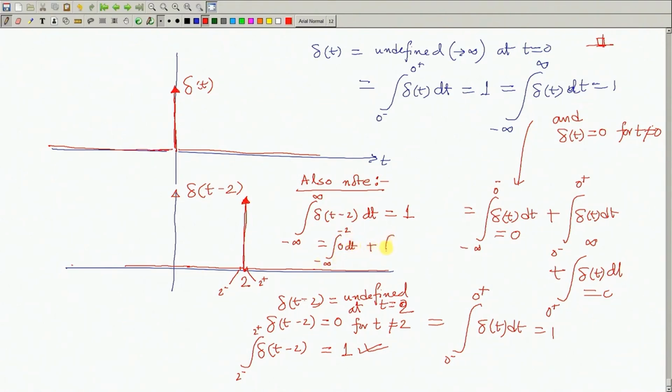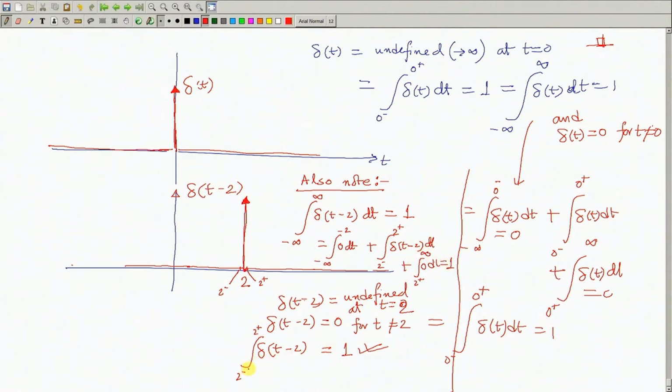Then you will write from 2 minus, there is a number very close to 2 but less than 2, to 2 plus, delta(t minus 2) dt, and finally from 2 plus to infinity, the value of the function is 0. But the integral from 2 minus to 2 plus of delta(t minus 2) dt is equal to 1. So, this will be 1.